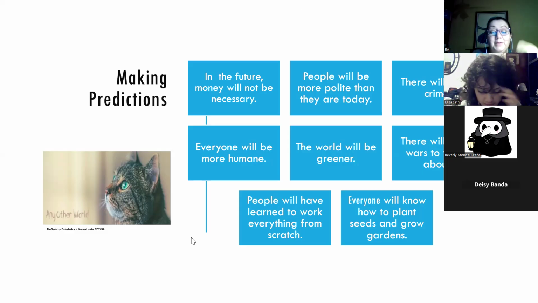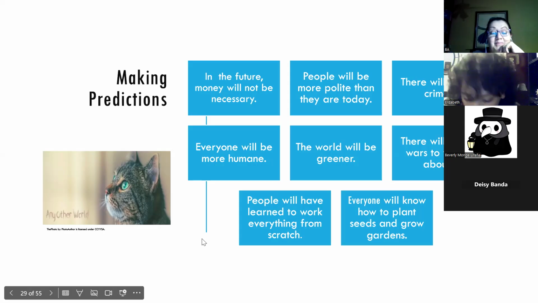Remember that these are my predictions, and I totally believe all of this. I believe all of this will happen, you know? Excuse me. What is the meaning of scratch? De cero, desde la base.